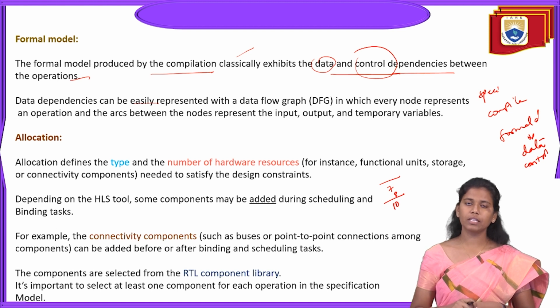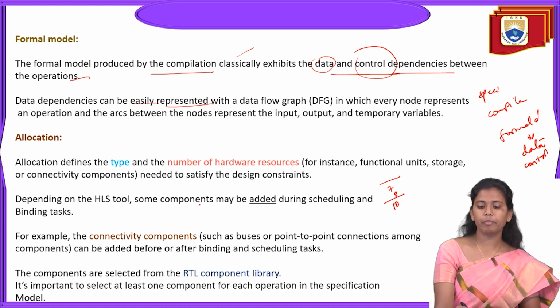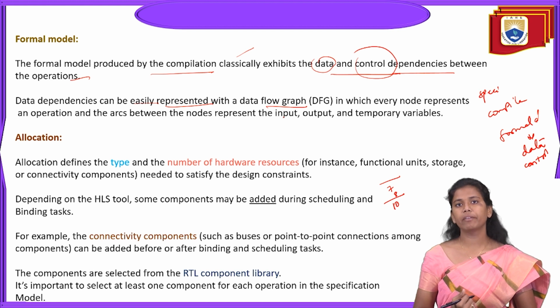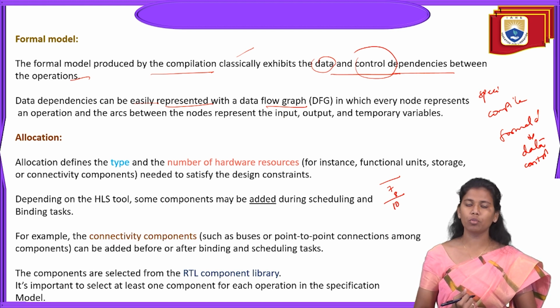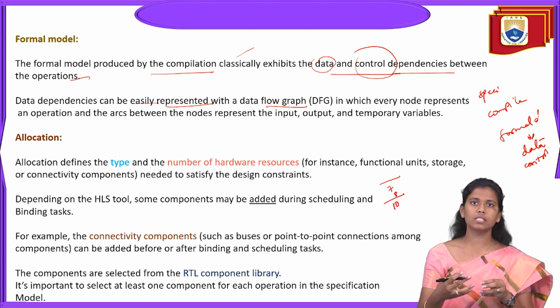The data dependency needed between the statements can be easily represented with data flow graphs. Already in the previous class, we discussed the data flow graph. A data flow graph contains the expressions with respect to the different operators, and shows how the data depends and flows from one operator to another.